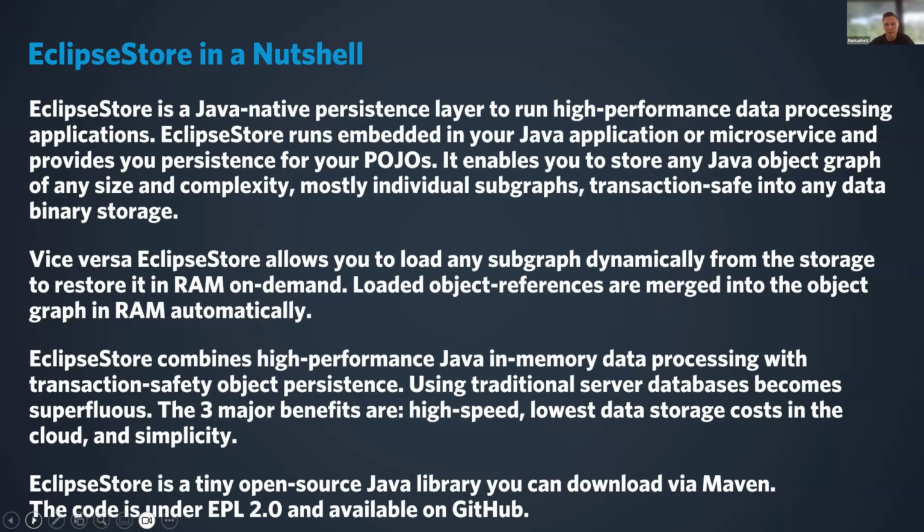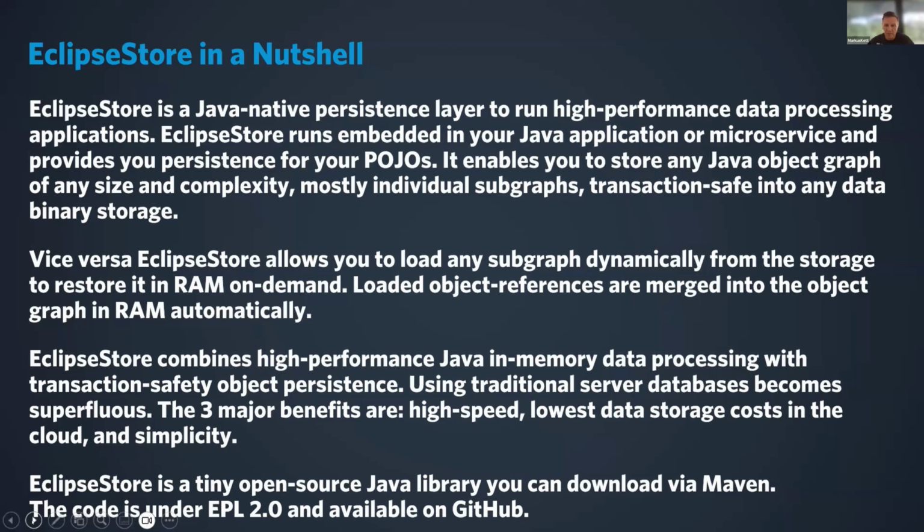EclipseStore is a pure Java approach, and it's very simple to use EclipseStore. It's because there are no database specific functions or concepts you have to learn. There are only Java concepts, and you should be familiar with all these concepts already. If not, it's not a problem. You just have to learn Java concepts.